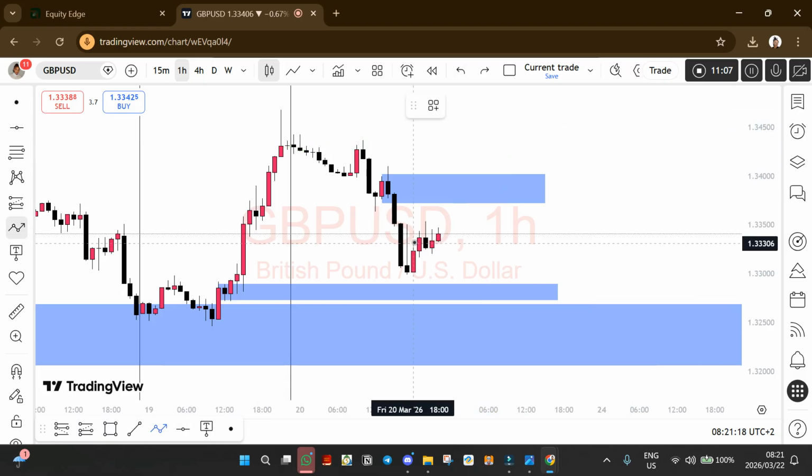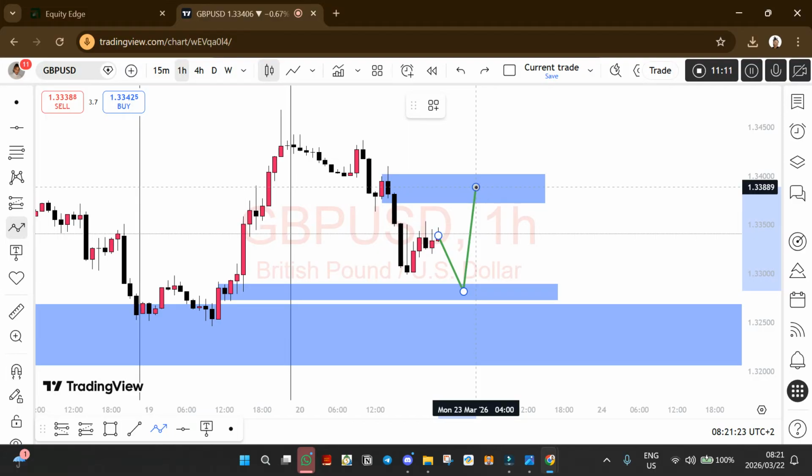Or market could just come into this order block, into that order block, right? So entry over here, exit over here, or rather some people may wait for confirmation, entry over here.